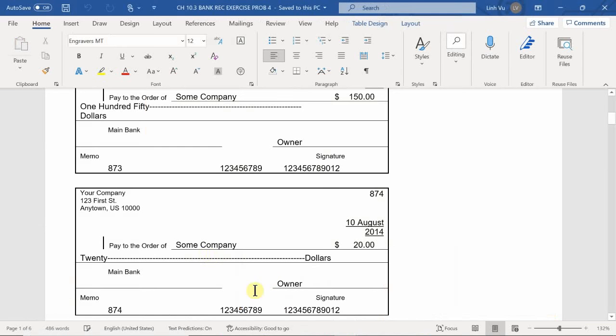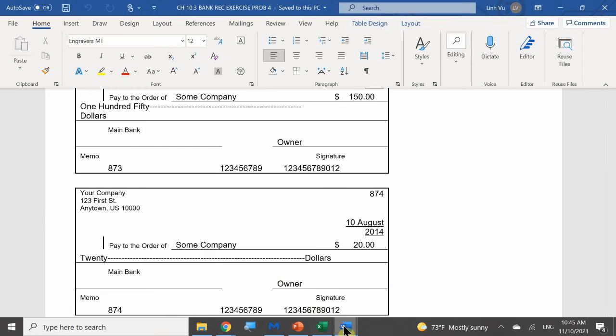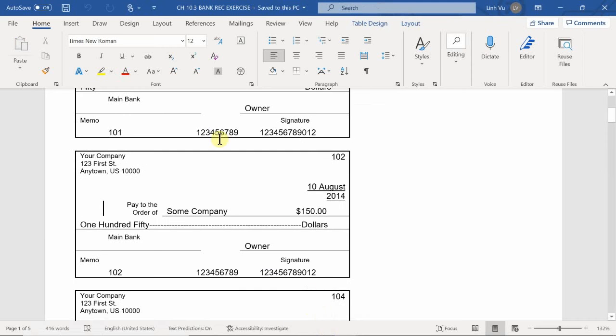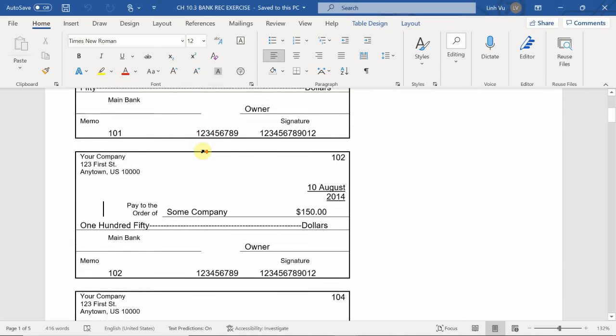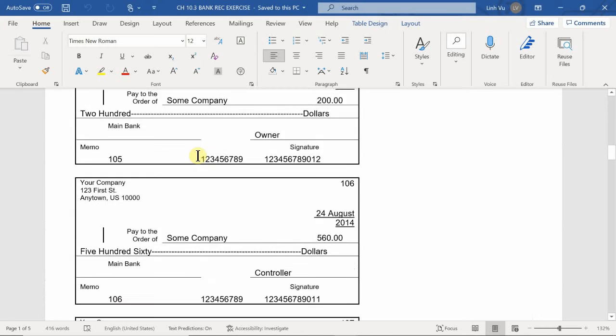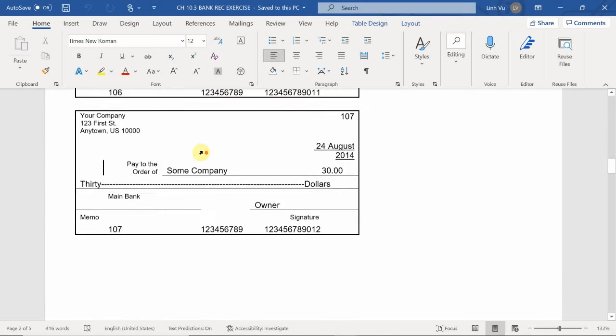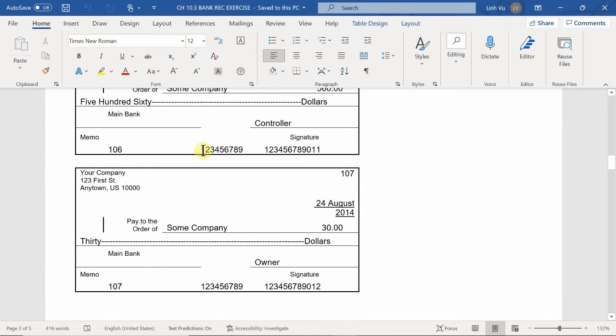Okay. So I have 2 exercises available. So let's take a look at problem number 1. Here I have a bunch of copies of checks. For this case, I think you can ignore them. They're only there as proof that a transaction has happened.